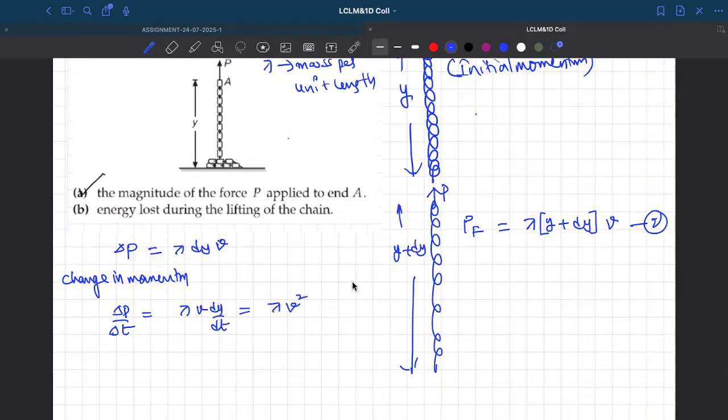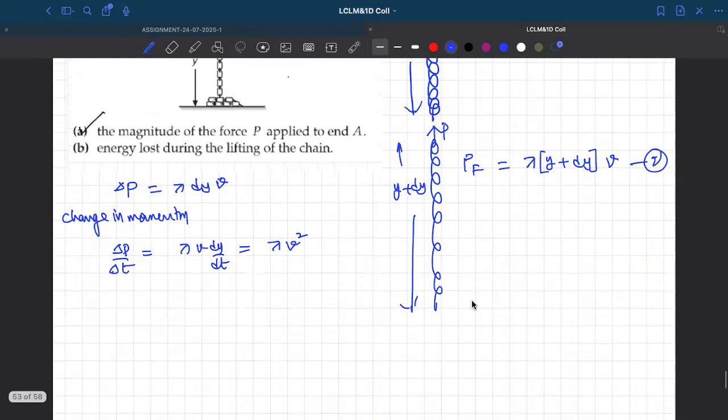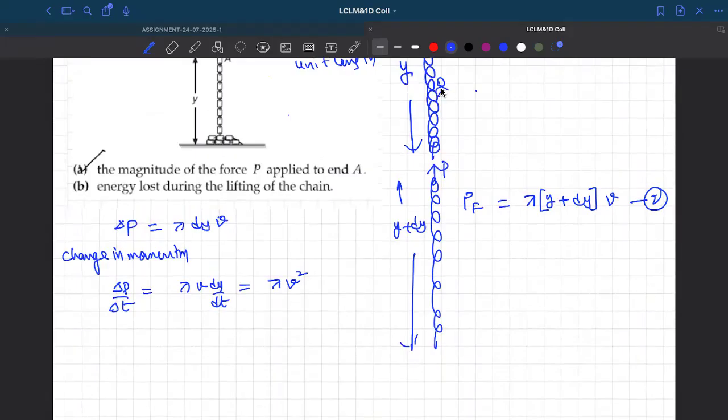Lambda V square. What is the direction of this? For the system, if mass is added, relative to this system, the added mass is in which direction? Opposite direction. So for a system where mass is added, thrust force is along the direction of relative velocity.